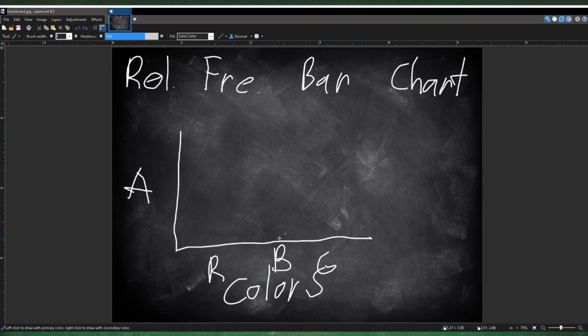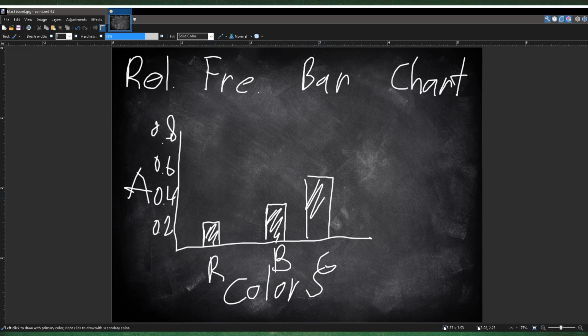So you're gonna split into parts. So remember our example, which is 2, 3, 5. So now we have 0.2, 0.4, 0.6, 0.8. So red is 0.2, blue is 0.3, and green is a 0.5. So basically like this, and all these charts should add up to 1.